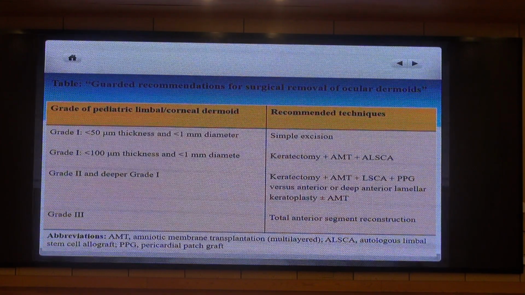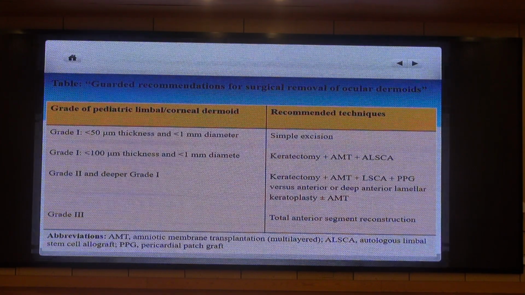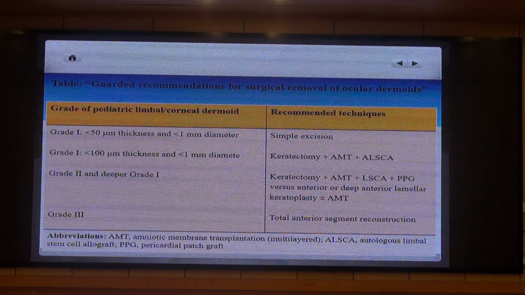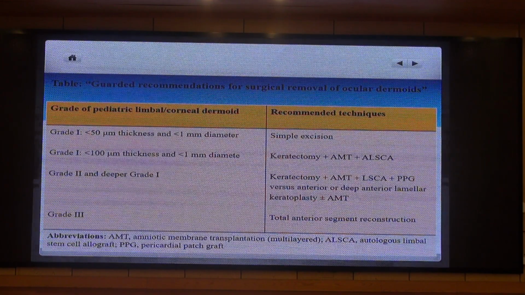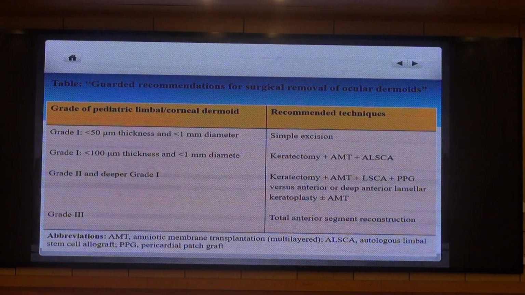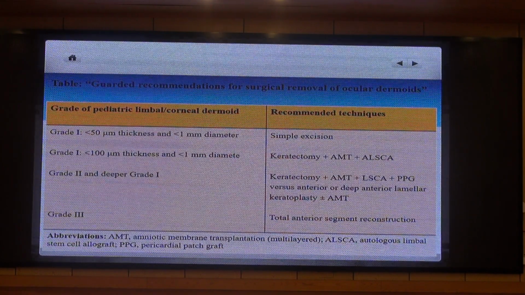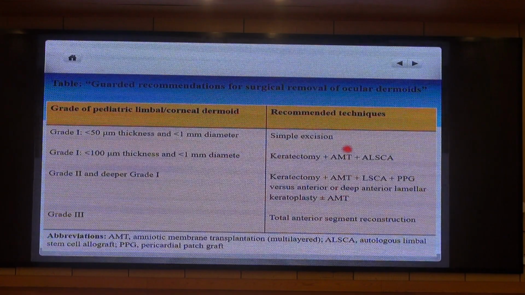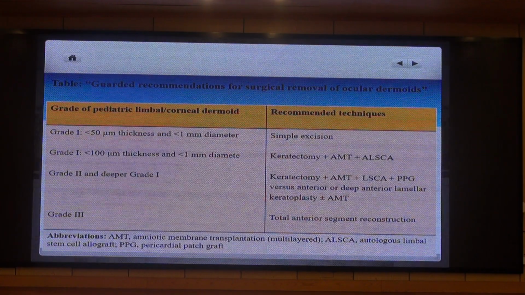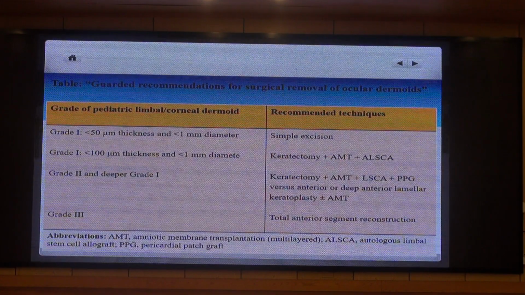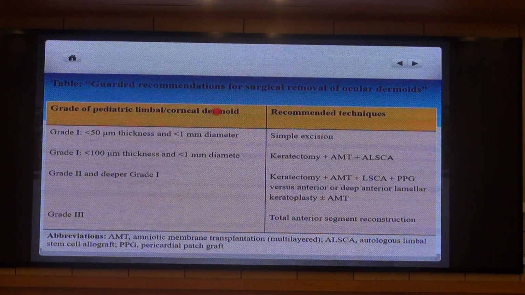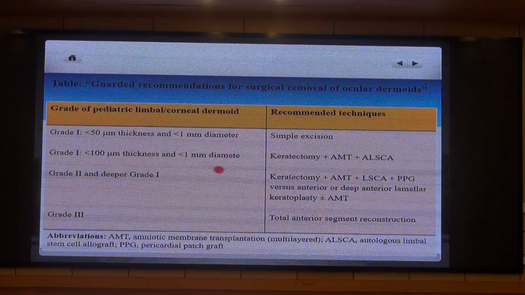Grade 1, a little bigger and deeper, less than 100 micron, and smaller than 1 millimeter diameter, we can do keratectomy with AMT and ALSCA. Sometimes AMT multi-layer is good too.